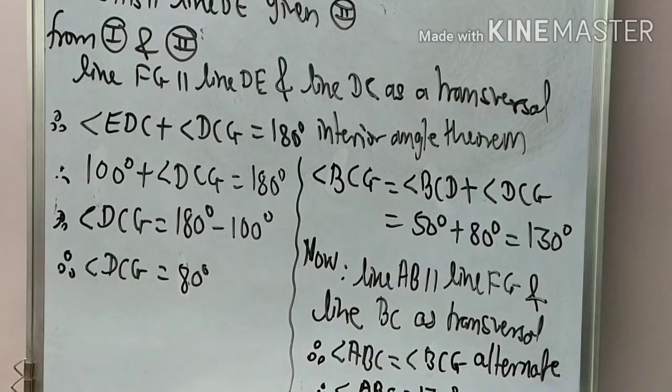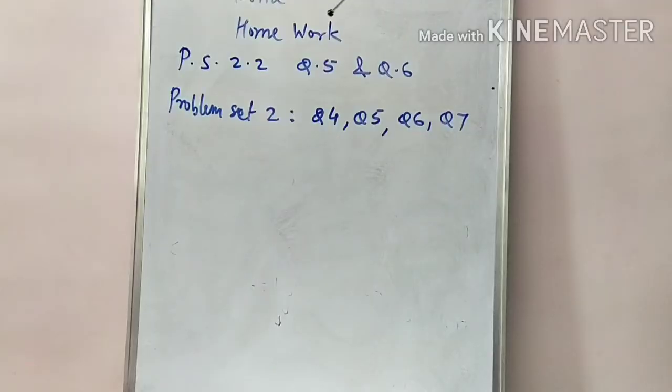Okay. So the next 2 examples, question number 5 and question number 6 of practice set 2.2, I will keep as your homework, students. These are also simple ones. According to the alternate angle test, you can prove that 2 lines are parallel. Okay.